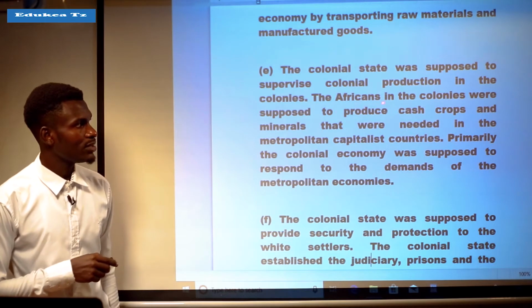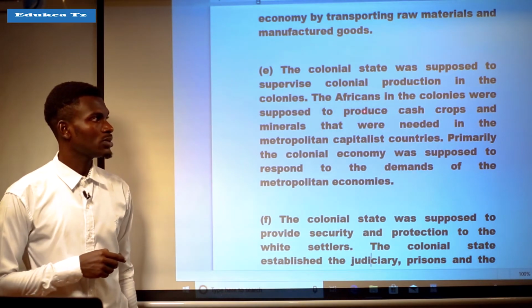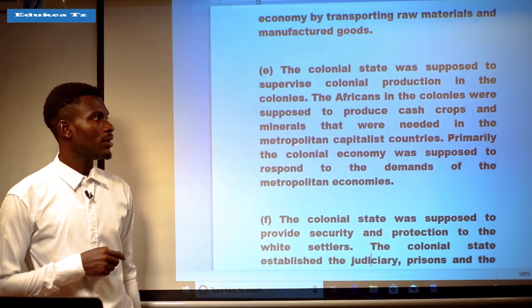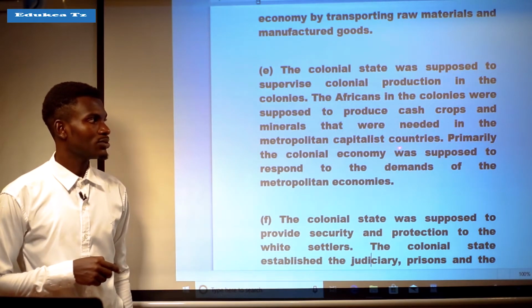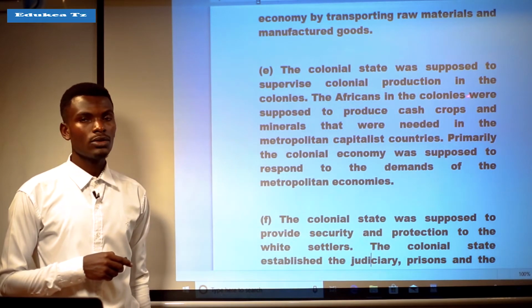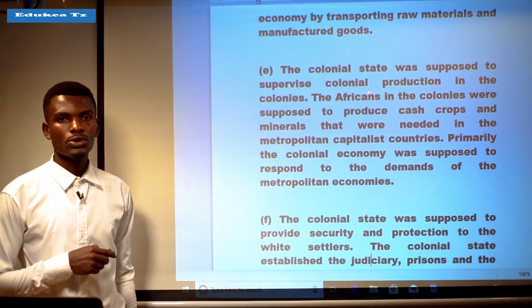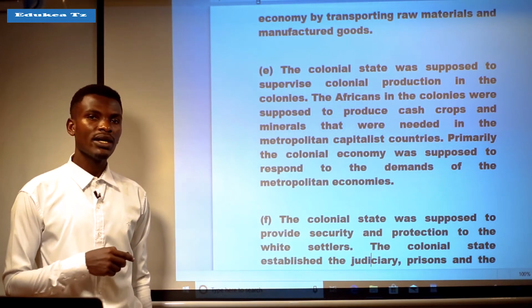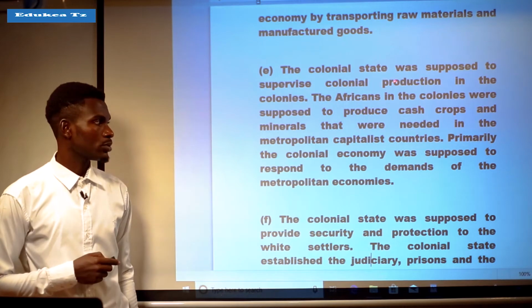The Africans in the colonies were supposed to produce cash crops and minerals that were needed in the metropolitan capitalist countries, that were in high demand in the metropole.